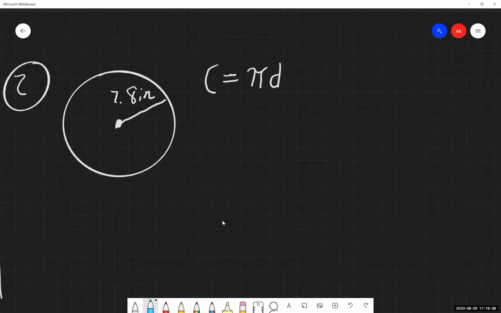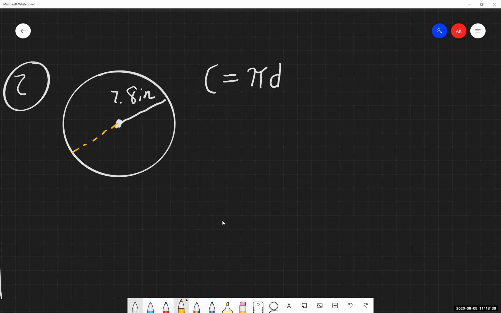So again, the diameter is the distance from one side of the circle all the way to the other side that goes through the center. I'm going to use gold here, but it's this entire length all the way across. Now again, remember back to the note on the other page: the diameter is twice the length of the radius.